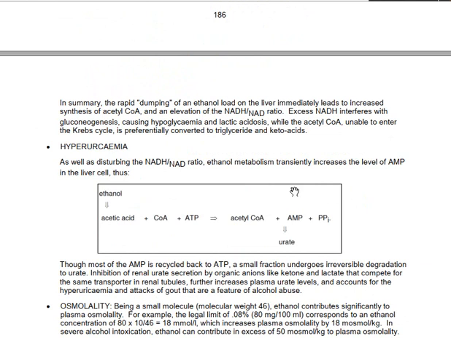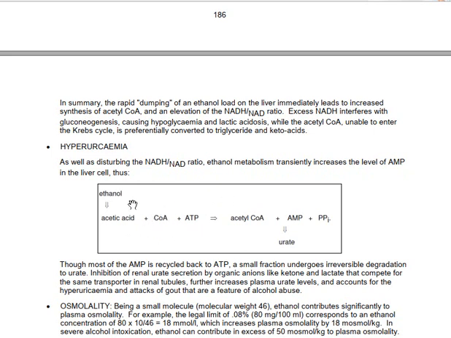Now also you need to know that hyperuricemia is another effect when you have too much alcohol consumption. Is it clear? Because ethanol is going to produce acetic acid, generally, plus the CoA enzyme plus ATP.